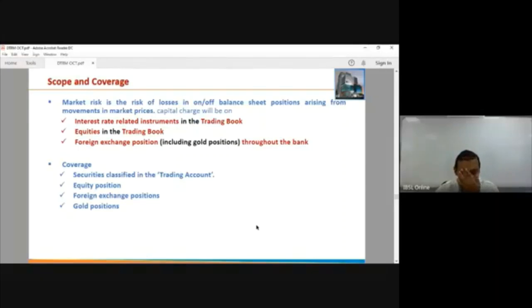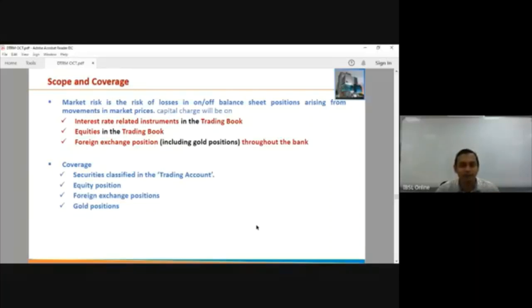So remember that. Under Pillar 1, we compute capital charge only for certain types of risk. We compute capital charge for credit risk, but again, only the default risk. And we compute capital charge for interest rate related risk, again only the trading book. We are not going to compute the banking book. Equity price, again, we take only the trading book, and we are not going to cover the banking book.